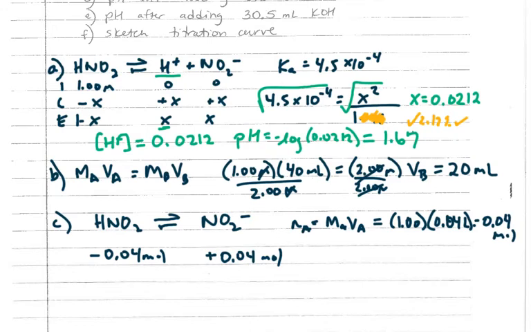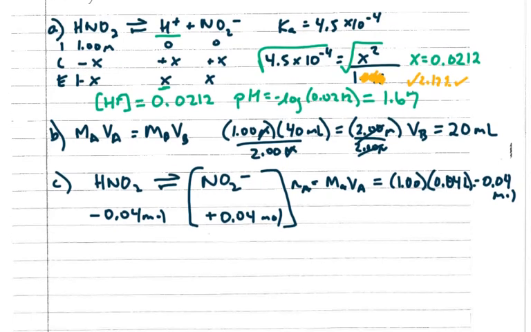So at the equivalence point, we will have 0.04 moles of this conjugate base, the NO2 minus, and it's going to cause this solution to be slightly basic. So we need to do an ICE box for this conjugate base. This NO2 minus plus water reacts to form HNO2 and OH minus.